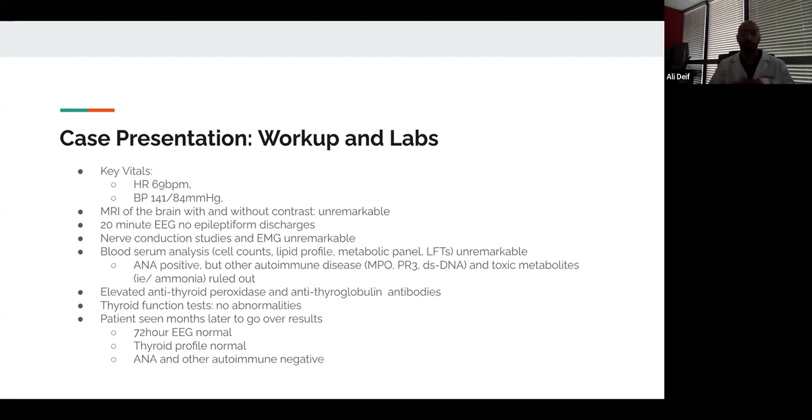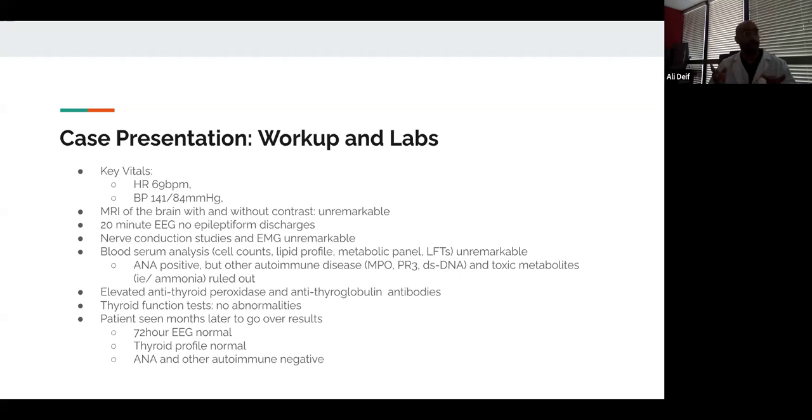We also performed a blood serum analysis entailing cell counts, lipid profile, a metabolic panel, and LFTs, which all came back unremarkable. In the autoimmune workup, she did have positive anti-nuclear antibodies, but other autoimmune diseases such as the ANCA vasculitides, double-stranded DNA for lupus, and toxic metabolites were ruled out.